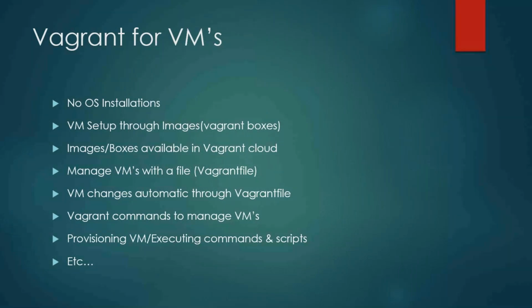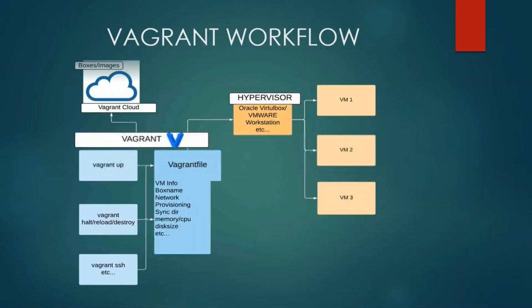We'll learn Vagrant in detail. So this is how Vagrant works. There will be a Vagrant Cloud, we'll go there and check. There will be some boxes, or you can call them images, VM images. Those VM images will be downloaded by Vagrant, and all the information will be put into a Vagrantfile: the VM name, the box name, the network like bridge interface and all, a lot of information you can put over there.